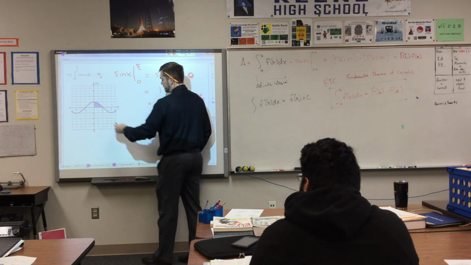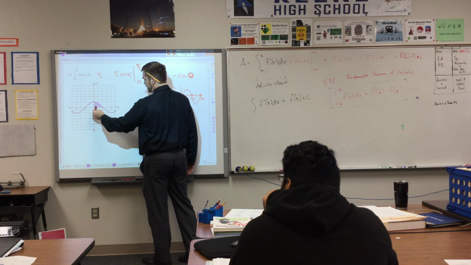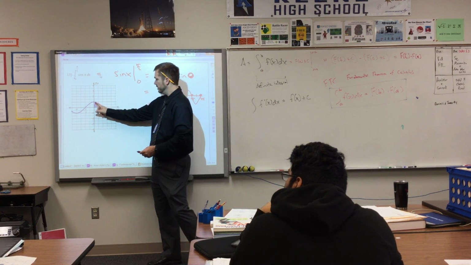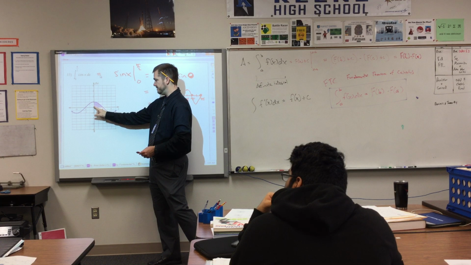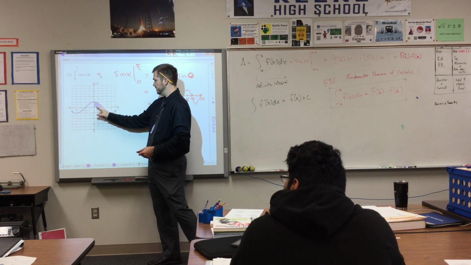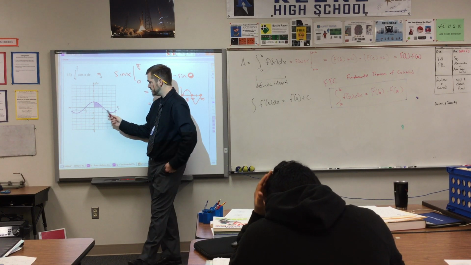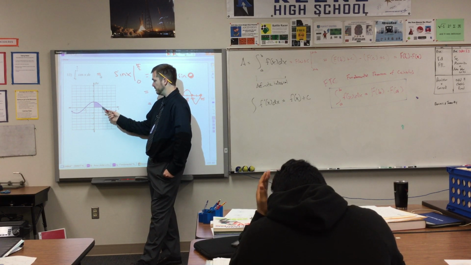And you're like, oh no, Mr. Goddard, no way, because that box right there. Now look at your axes, right? 1 is all the way up there. This is a half, this is a quarter, something like that. Well, this is pi over 2, so it's like 1.6, so this is around 0.8.